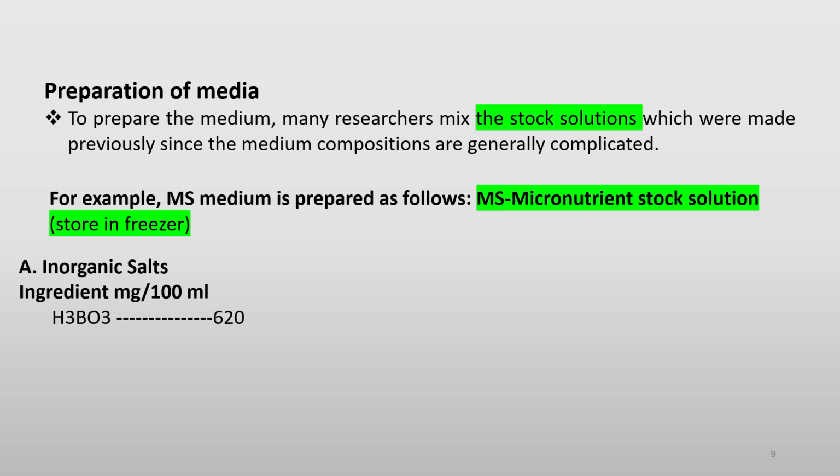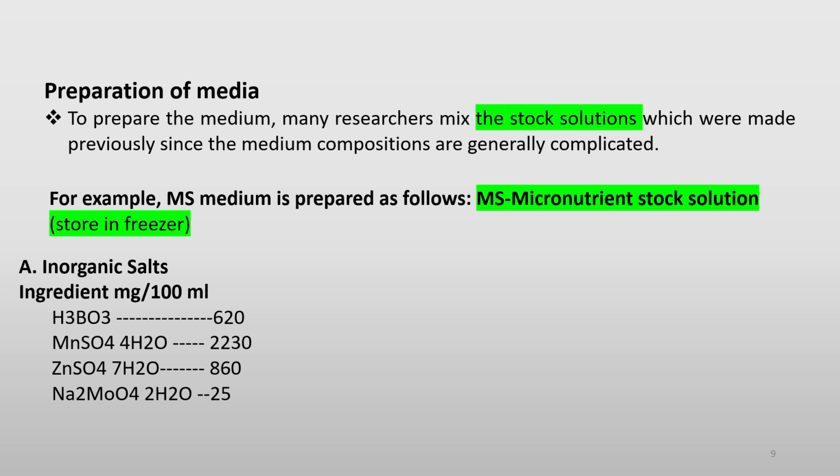Boric acid 620 milligram, magnesium sulfate 2230 milligram, that means 2.23 grams, zinc sulfate 860 milligram, sodium molybdate 25 milligram, copper sulfate 2.5 milligram, cobalt chloride 2.5 milligram.